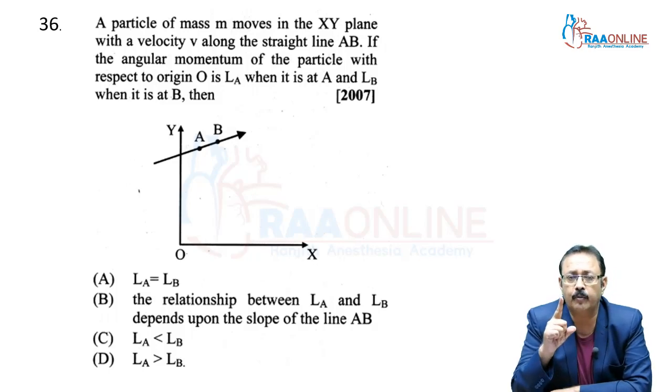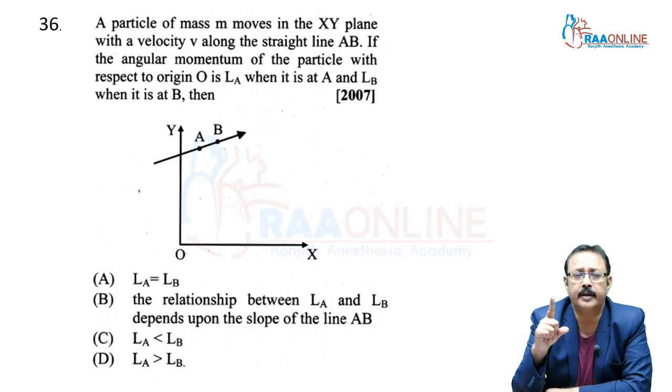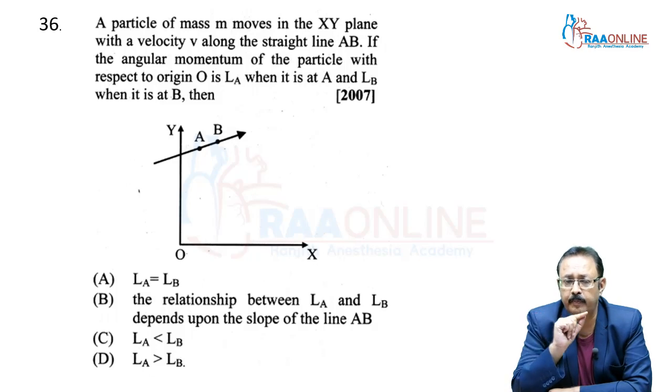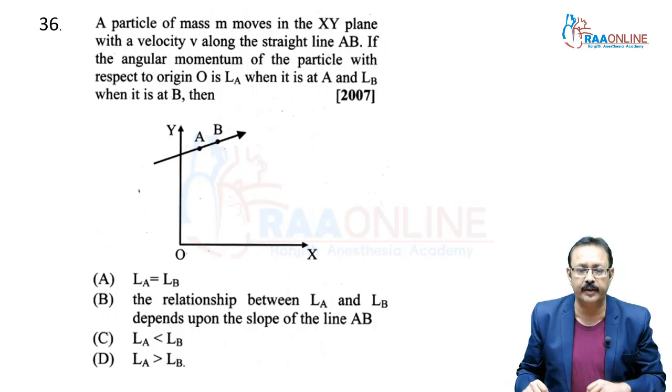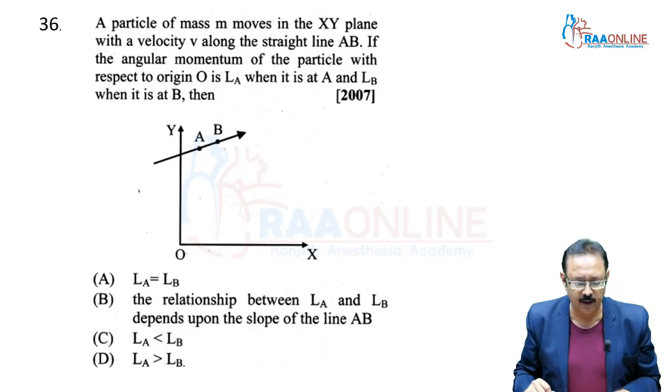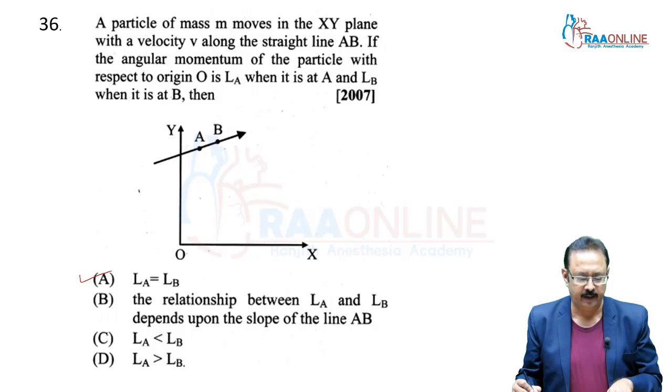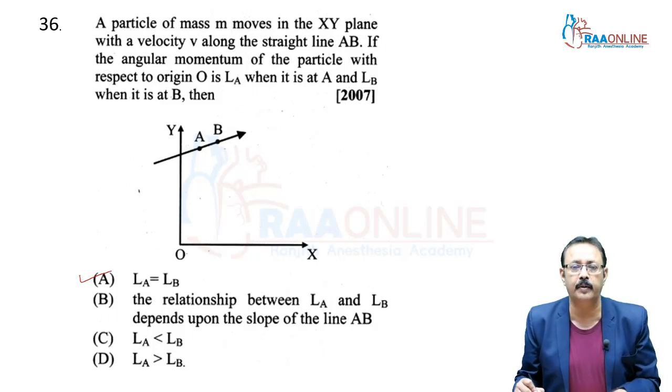You want to calculate angular momentum about origin. The perpendicular distance of this line from origin is always the same, so angular momentum should be the same. We are going with A: LA is equal to LB.